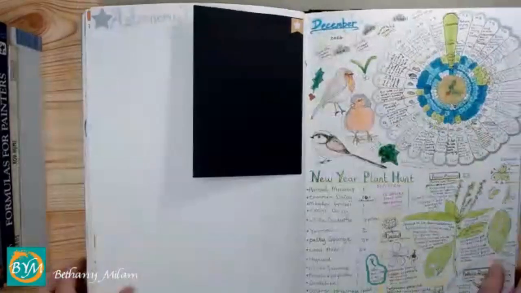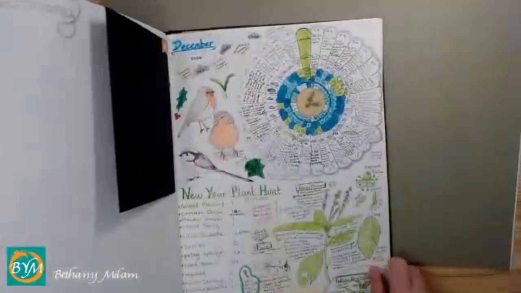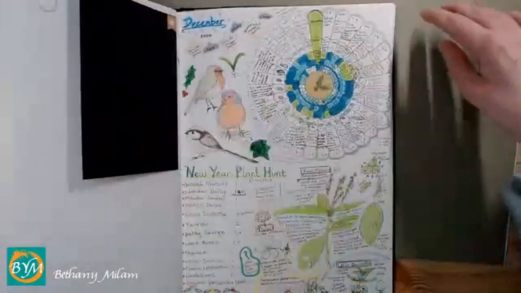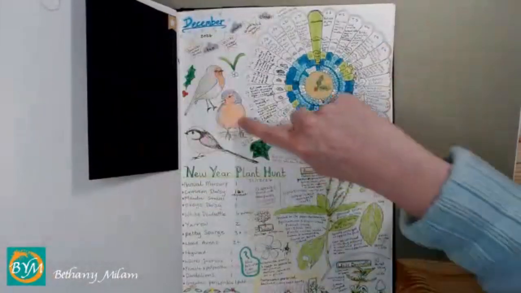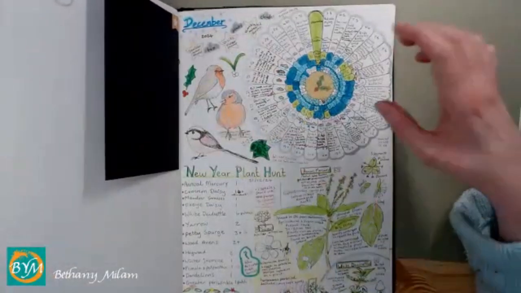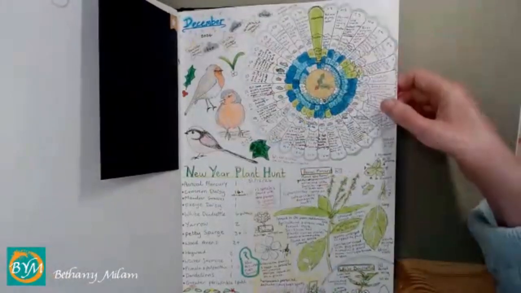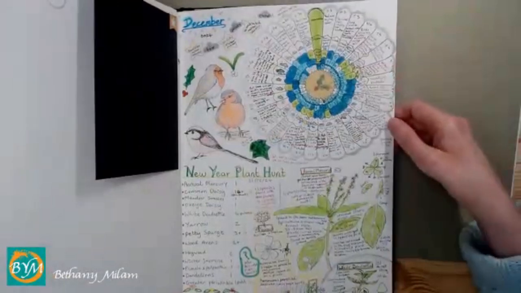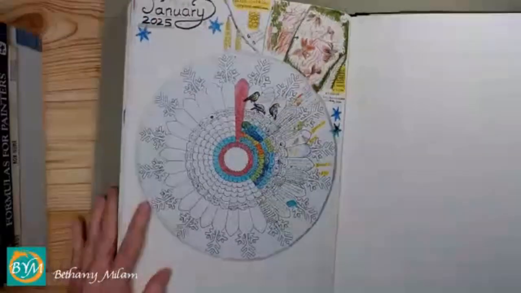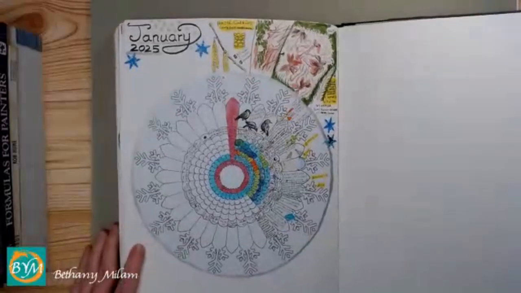Right. That brings me to December 24. And again, I've got a slightly messier hand-drawn wheel in there. But again, same kind of observation and weather data being put in, which brings me all the way up to this January.